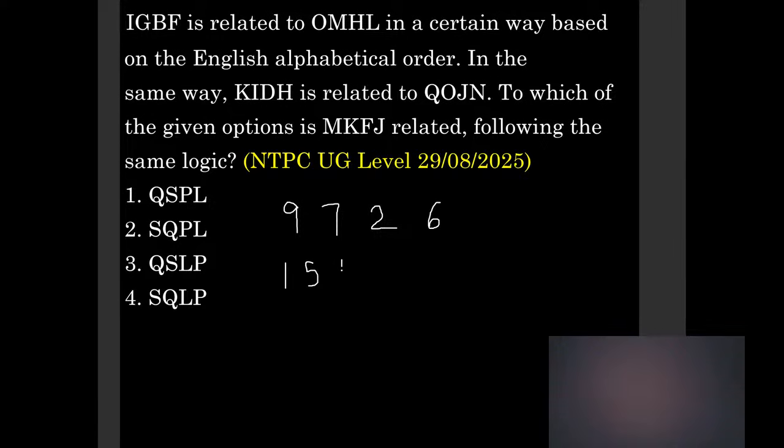M value is 13. H value is 8. L value is 12. Now if you observe the change here, they are adding 6 to each one. Let us check whether it is correct or not. 9 plus 6 is 15. 7 plus 6 is 13. 2 plus 6 is 8. 6 plus 6 is 12. So in this case they are adding 6 to each one.